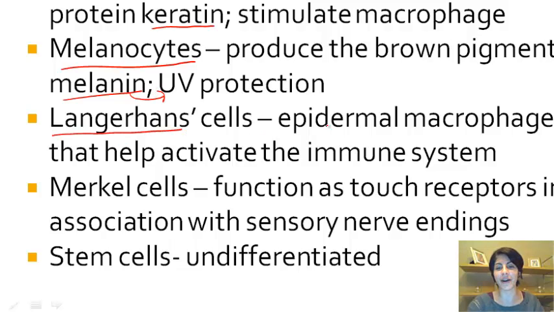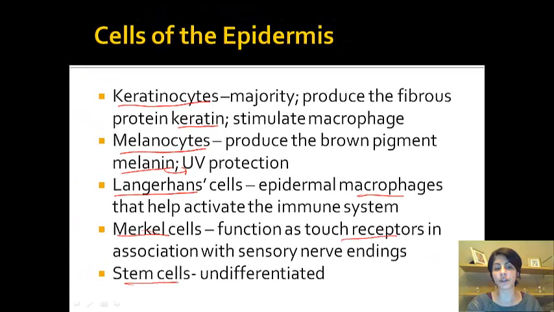Langerhans cells are macrophages that hang out in the epidermis. Merkel cells are touch receptors, and they are associated with sensory nerve endings. And stem cells are found at the bottom layer of the epidermis near the basement membrane, and they haven't differentiated themselves to become full of keratin yet.